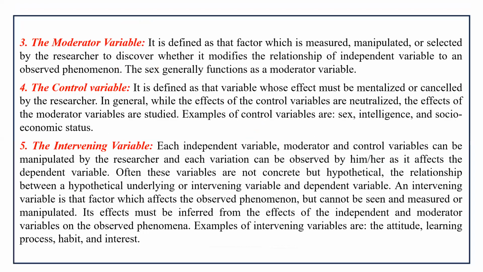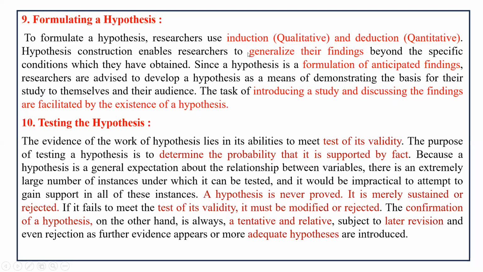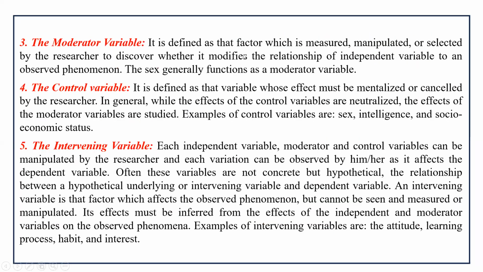Now the next is the moderator variable. Here it is defined as the factor which is measured, manipulated or selected by the researcher to discover whether it modifies the relationship of the independent variable. It is very important whether it is able to modify that relationship.